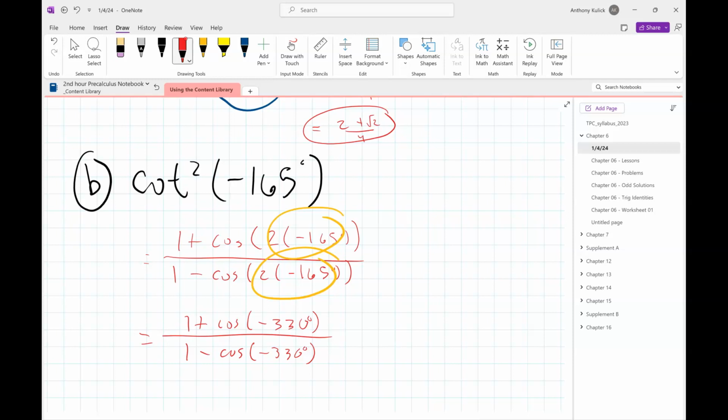Now here I have 2 options. What I would suggest to you is notice negative 330, that we don't have any negative values on our unit circle. Oh no, what do I do? Add 360. Just find something coterminal to it.